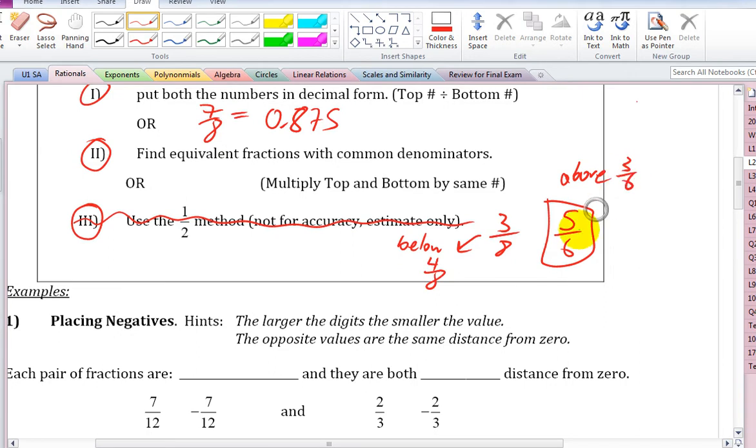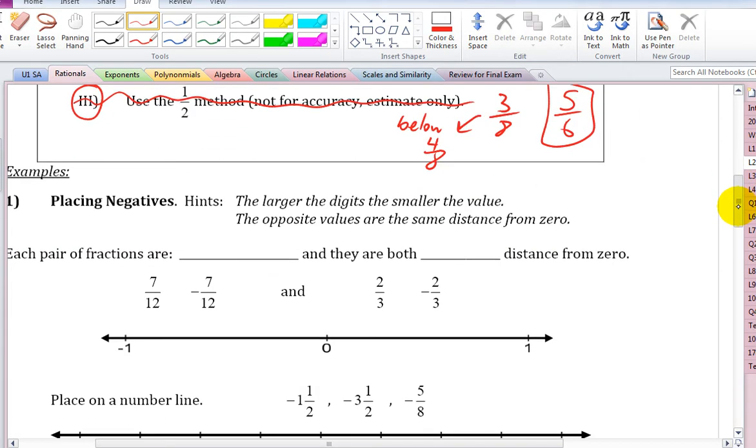This is a half of the fraction. So just looking at them, you'll know right away which one's bigger, because this one's above half, this one's below half. Any questions? Now, if they're closer in size, it'd be harder to tell. If they were both above half, it'd be really hard to tell. So that's why I don't really like that too much.